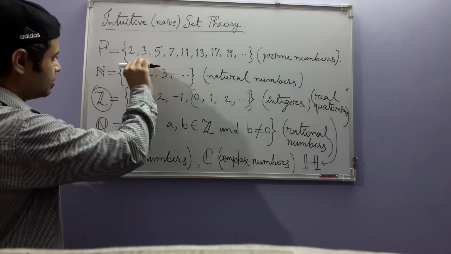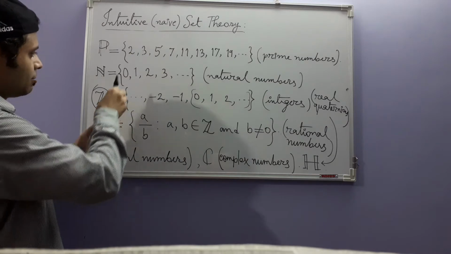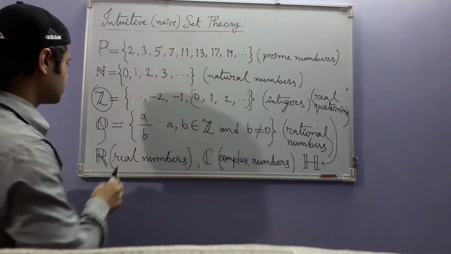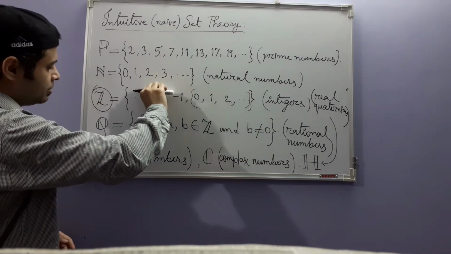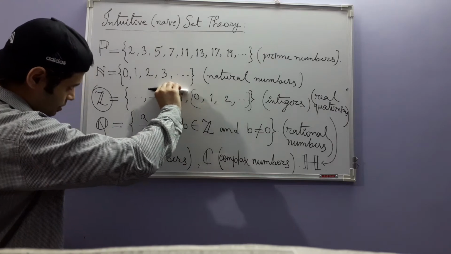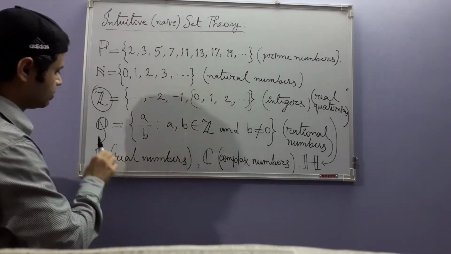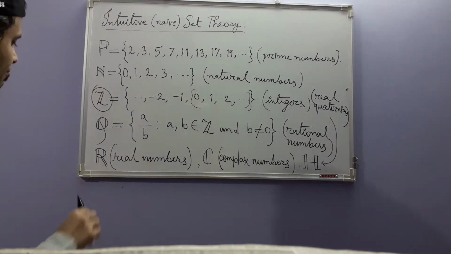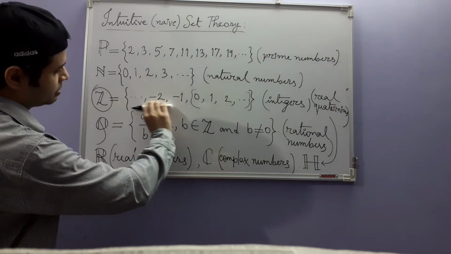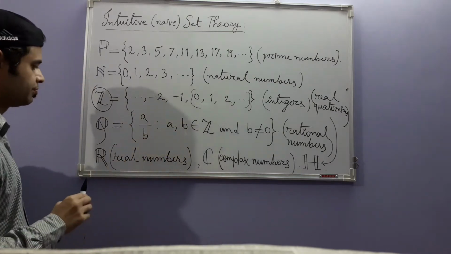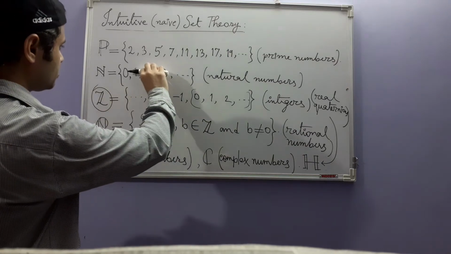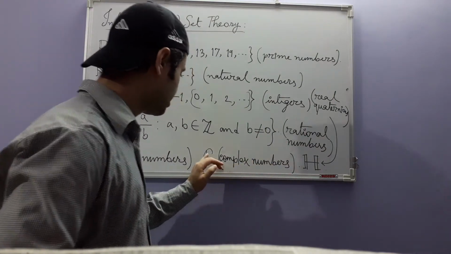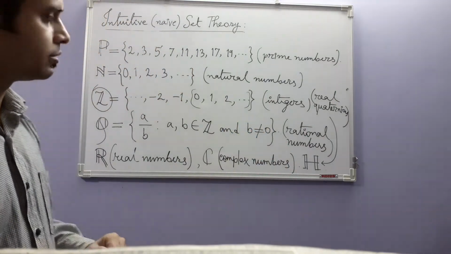You try to write N, then N has to be written like this. For Z, again you write like this. For Q, you can similarly write. And then we have R. For R, you can write like this. Okay, how does Q come? Anyway, you can figure it out. Similarly, complex numbers and real quaternions.